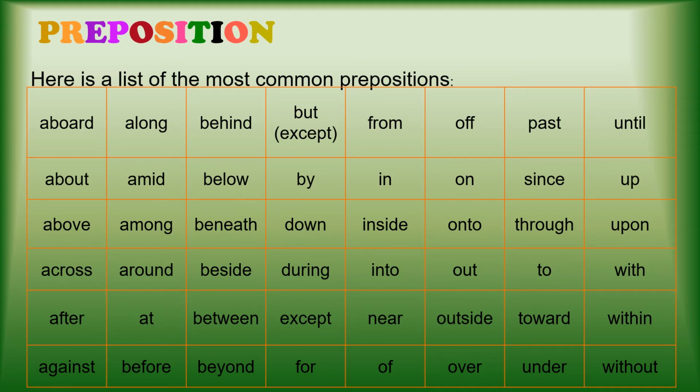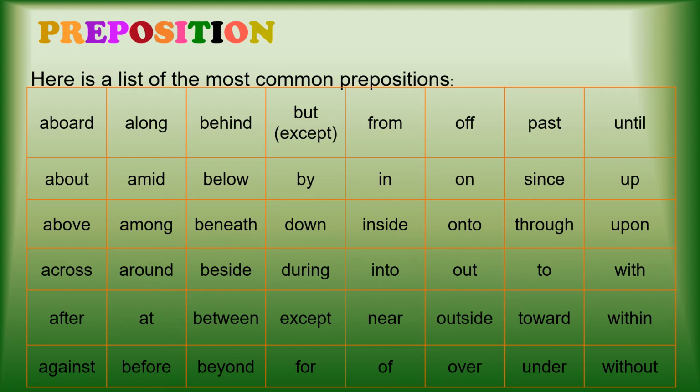Here is a list of the most common prepositions. Please pause the video and try to write them in your copybooks. Try to memorize them too because you're going to need them, trust me. I will read some for you.